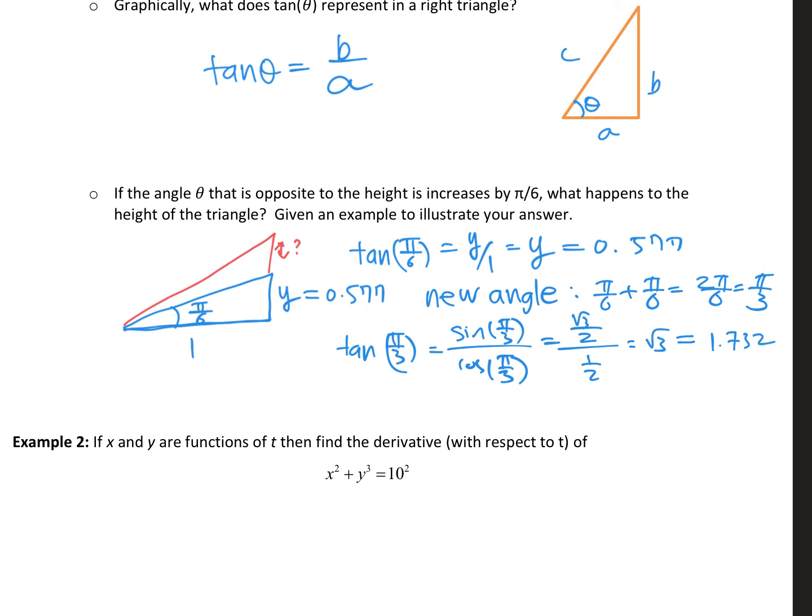So from 0.577 to 1.732, that's an increase of 1.155. That's how much it went up by. Again, depending on what angle or what length you have here, they'll give you a different answer. But these are the kinds of things we're going to be working with.